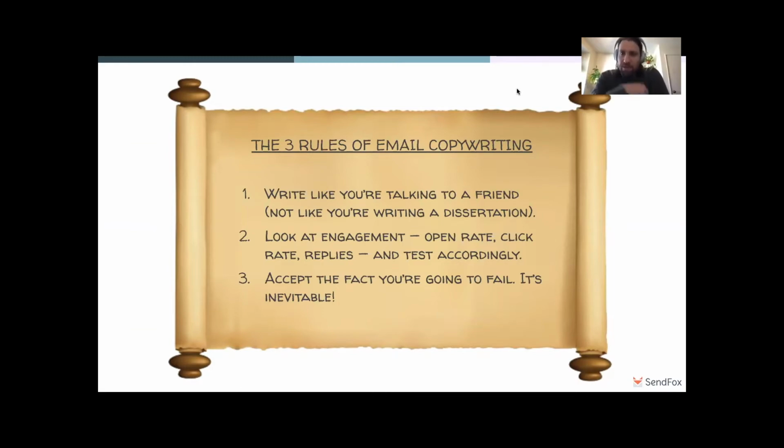And are we thinking about how we can optimize the metric that matters? Maybe your overarching business goal is more clicks to your website. Then you're looking at the engagement metric of click rate and testing accordingly every week, every couple weeks, every month to try to optimize this. A strategic process of testing will help you get to the answer you want.